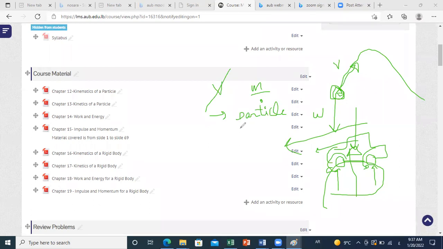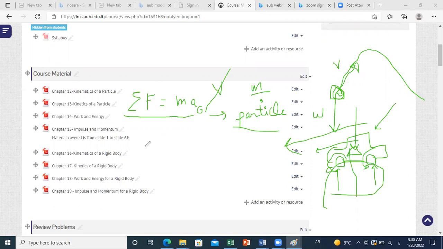Now, whenever I deal with a particle, it will be much simpler than for a rigid body, because we'll see together that to study Newton's law for a particle, you just say sum of forces equals the mass of this particle times the acceleration of the point G, which is the center of gravity. While if you consider a rigid body, this is not enough.